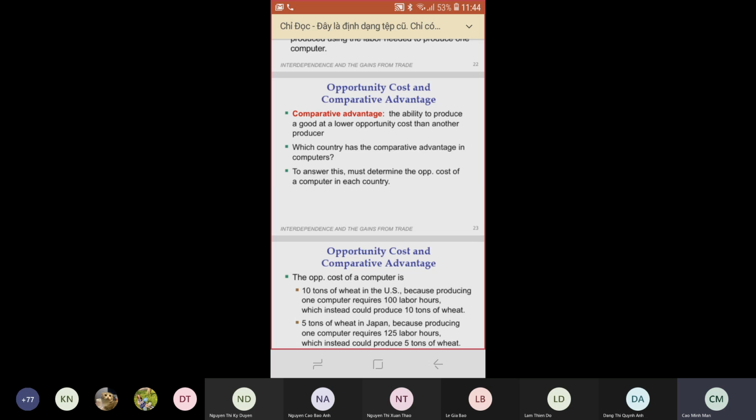Another thing you should remember, based on the argument of the theory of competitive advantage: a country with competitive advantage in producing a product should produce that product and export it to another country. That's the argument of competitive advantage.